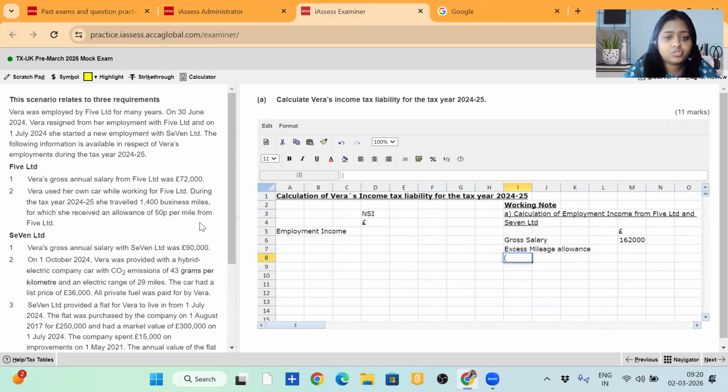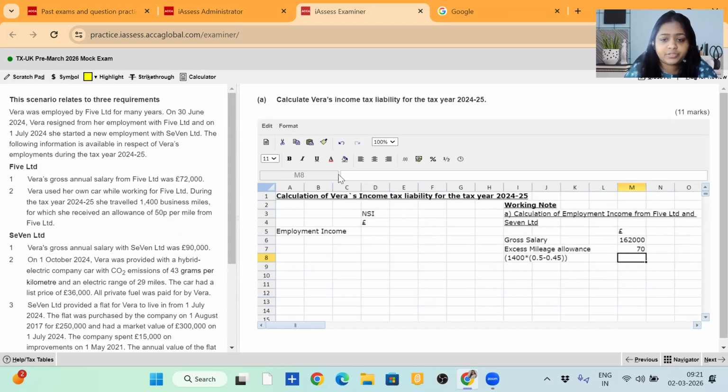Okay, in brackets you can show the working, that 1,400 multiplied by 0.5 less 0.45. Okay, and the same I will do the calculation here. So I get here 70, that will be added here.